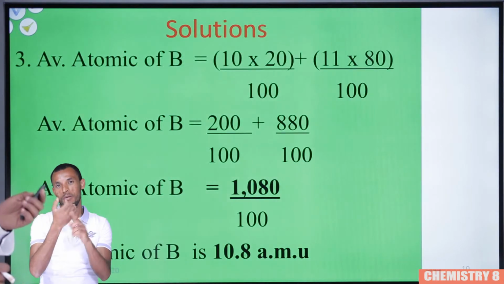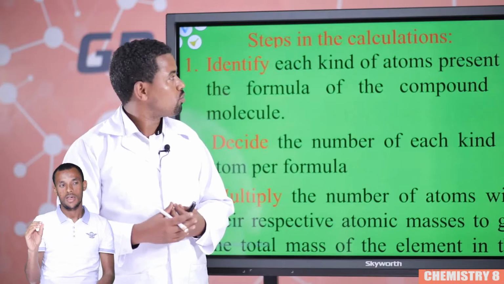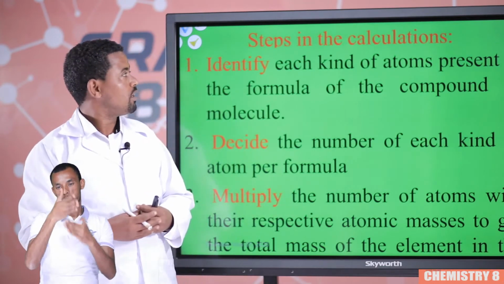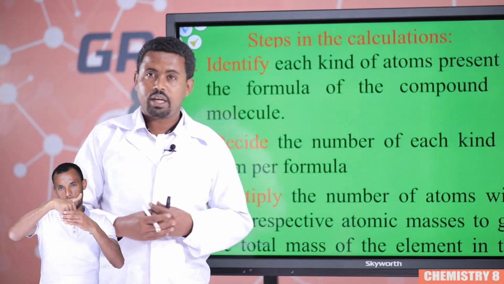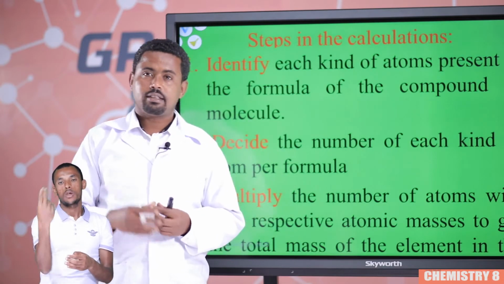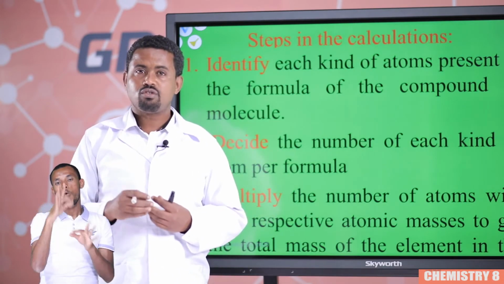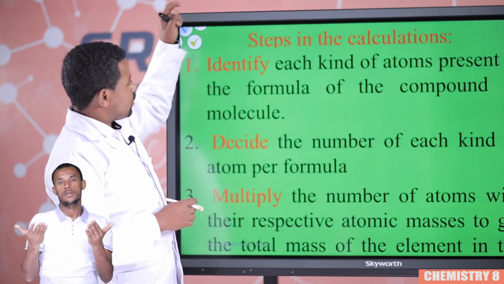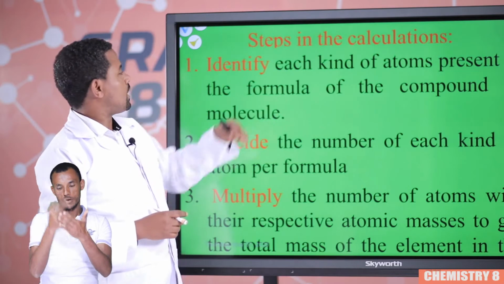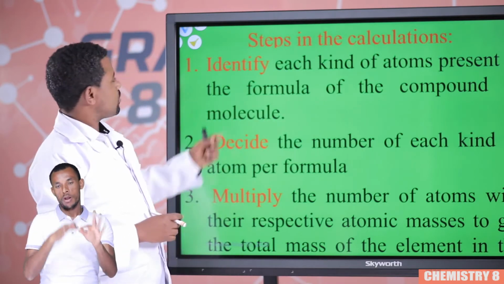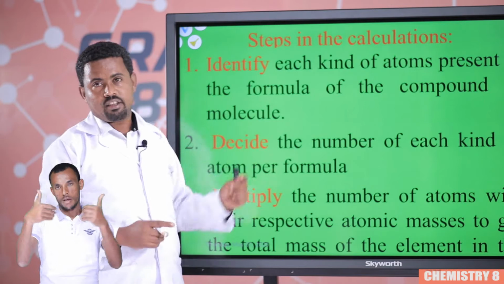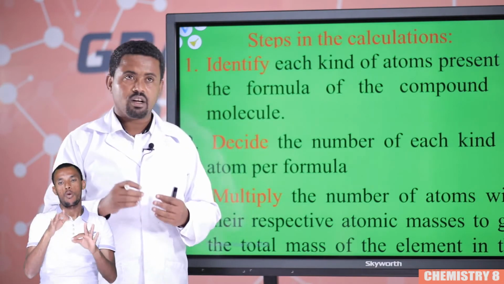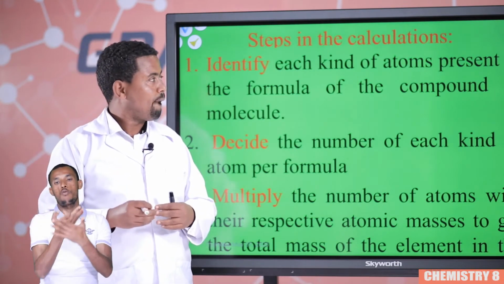So let's see the steps to determine formula mass and molecular mass. The steps are the same, except we use the term molecule for those gaseous or liquid substances. In order to calculate formula mass or molecular mass, we have to follow these steps. The first one is to identify each kind of element in the molecule or in the formula.